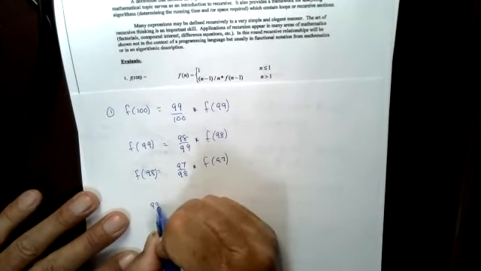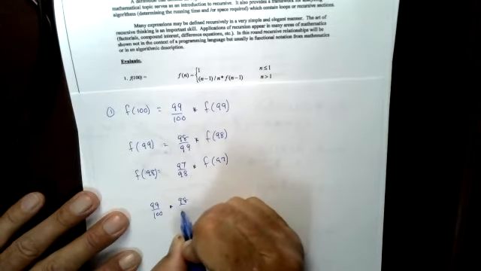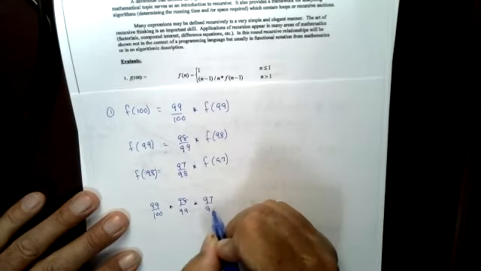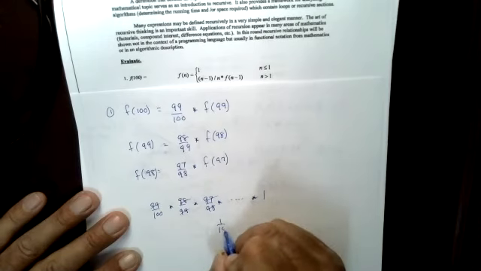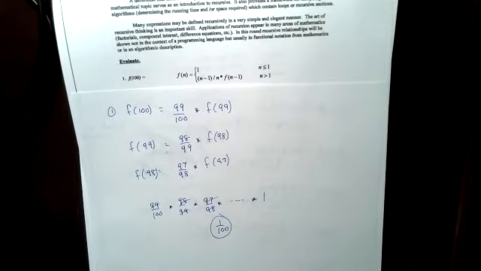Hmm, 99 over 100 times 98. How's about that? I got 1 over 100. Anybody else? Yeah.